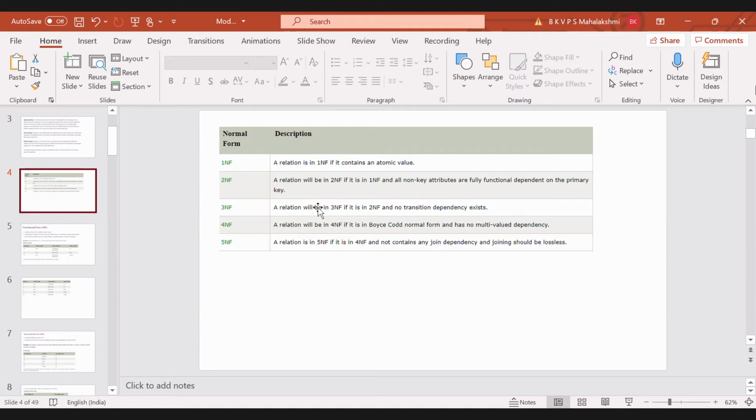If it satisfies the previous normal form, then we check the current normal form property. So a relation will be in 2NF if it is in 1NF.